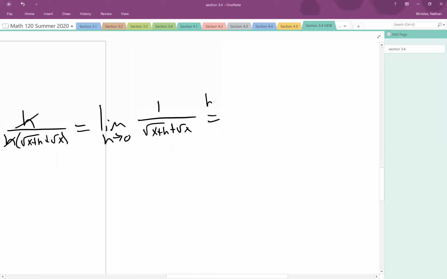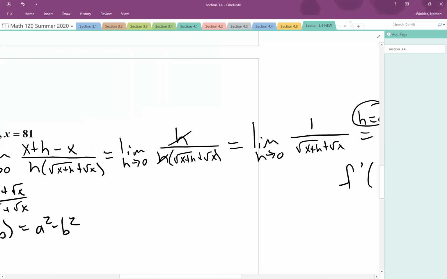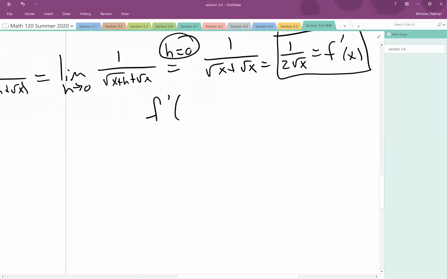At this step, we can let h equal 0, which gives us 1 over the square root of x plus the square root of x, which is 1 over 2 root x. And this is equal to our f prime of x. It then told us to find f prime of 9 and 81.